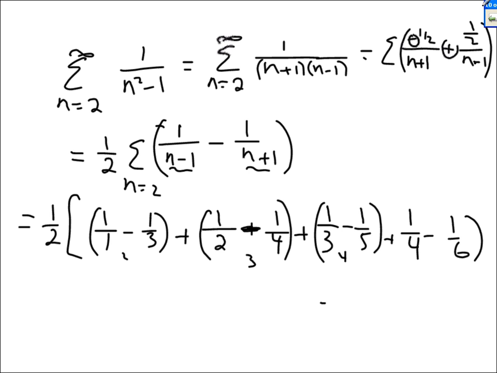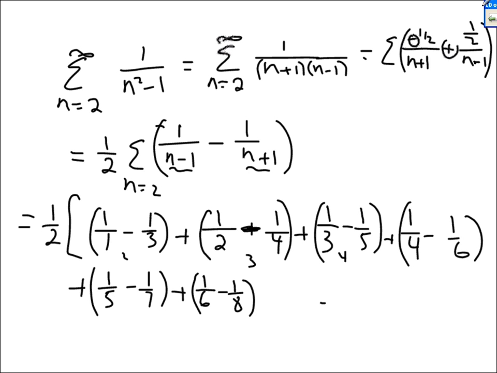Let's actually see how to do it. And then you have a fifth minus a seventh. Then you have 1/6 minus an eighth. And then eventually you have 1 over k minus 1 minus 1 over k plus 1.